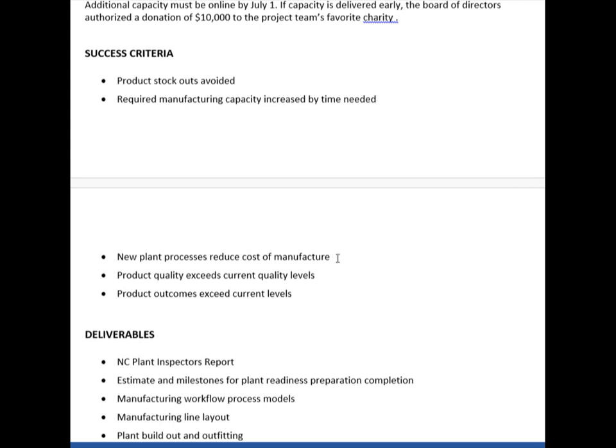The reducing the cost of manufacture, I could better measure what that cost reduction might be. All of this is used as a justification to indicate why this project is so important and what success looks like at the end.